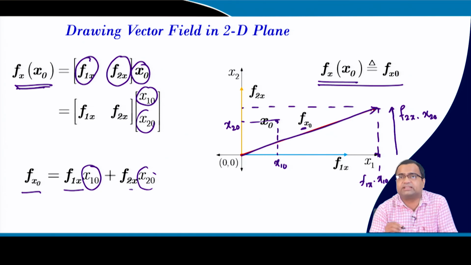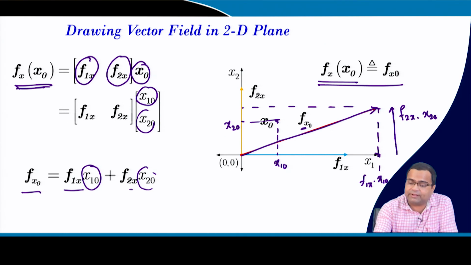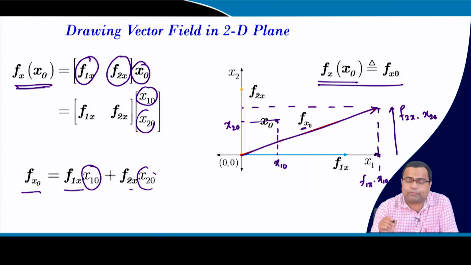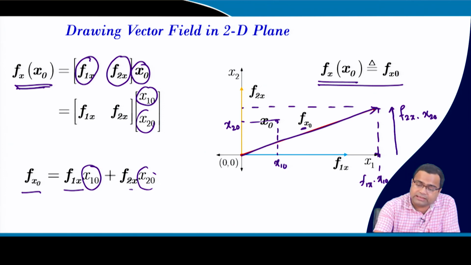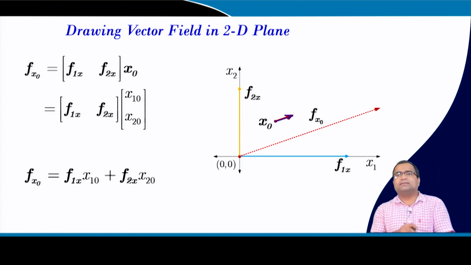That means this is the direction of the vector. But remember, we needed to draw the vector field here because we wanted to find its direction at this point. So ultimately we got the vector field direction. This vector field will be parallel to this. Whatever we obtain is the parallel field, right? Because we first draw the vector, and then, because it is a parallel vector, right? Because we want to find the vector field at this point.